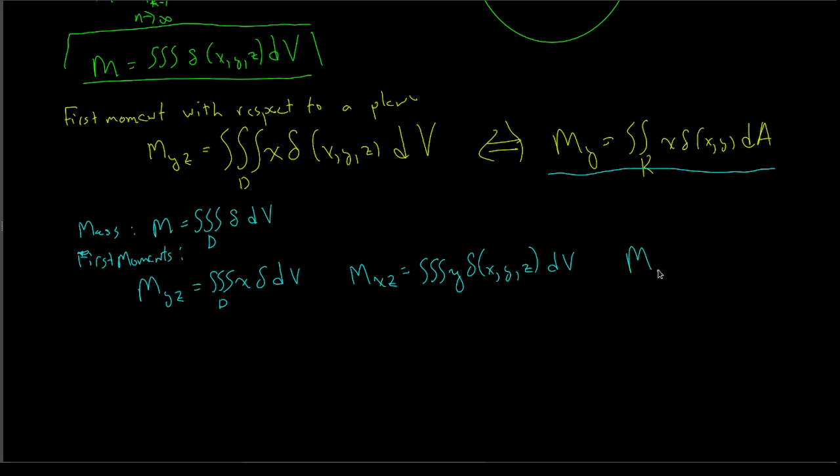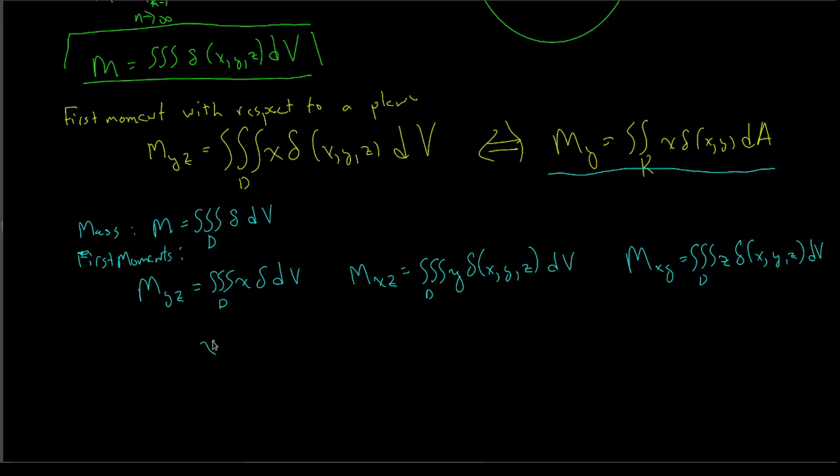And then about the xy plane is the triple integral through the region, solid region, of z times the density function times the volume element. And this is telling us really how kind of where the lever arm is for each plane.